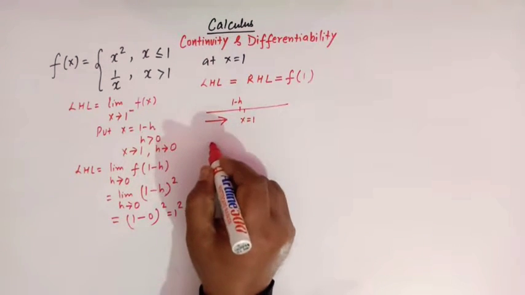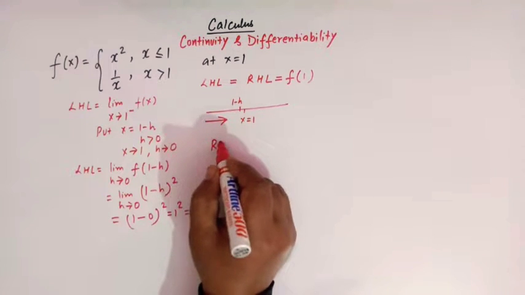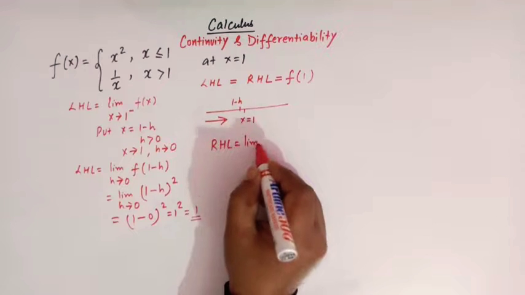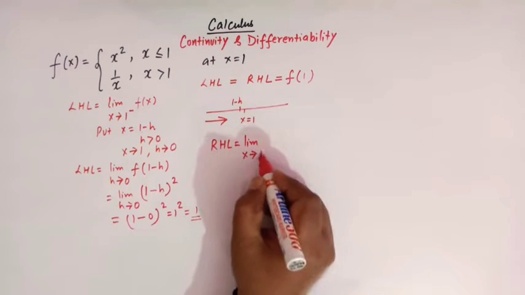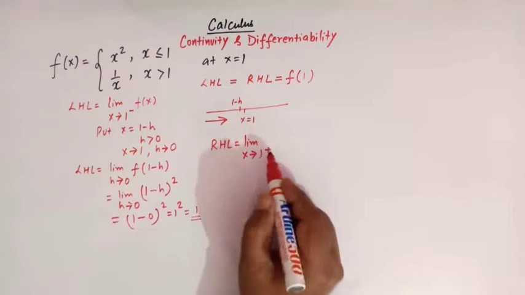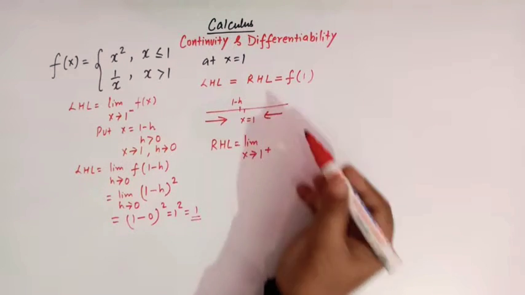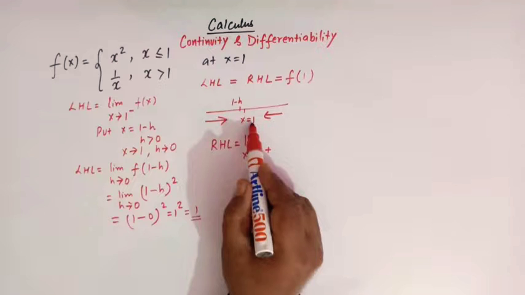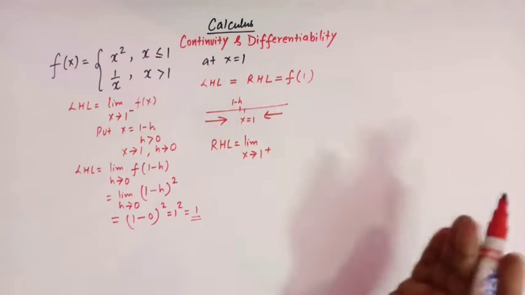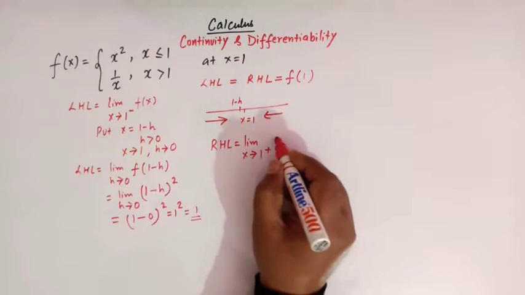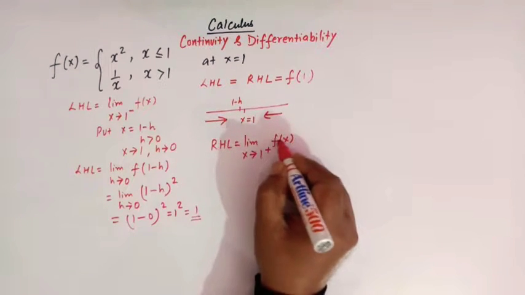Now let us find out the right hand limit. The right hand limit is defined by limit x tends to 1 plus. This positive sign shows that in this case we have to approach x is equal to 1 from the right of x is equal to 1, and here we have f of x.